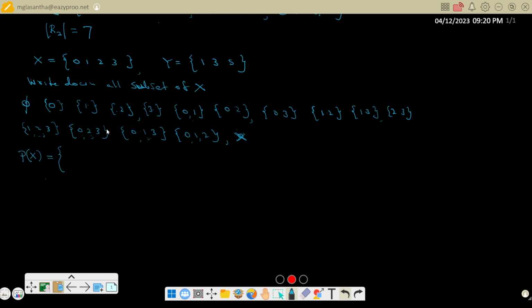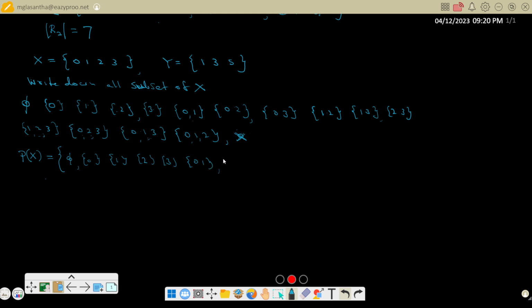P(X) is all possible subsets of X. A power set includes all possible subsets.